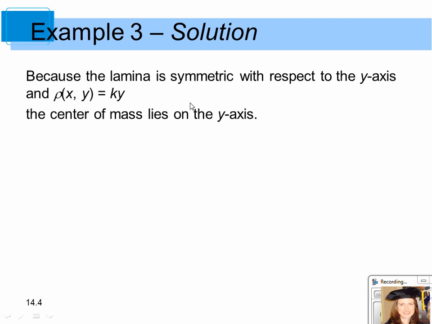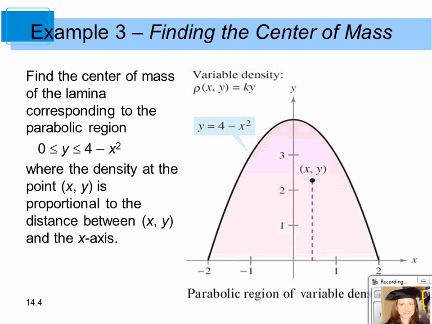Now, because the lamina is symmetric with respect to the y-axis, and the density is equal to k times y, that center of mass is going to lie right on the y-axis. And going back to the slide, the density is proportional to the distance between the point and the x-axis.